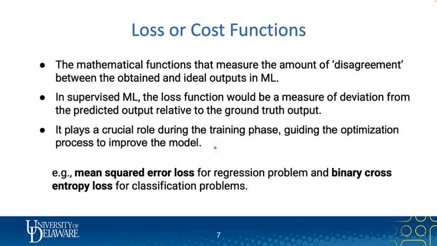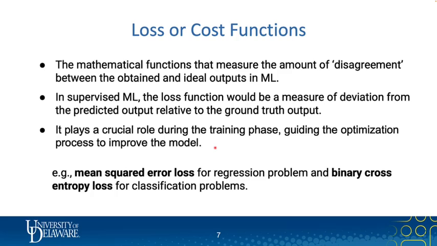Then we have the concept of loss or cost functions. These are mathematical functions that measure the amount of disagreement between the obtained and ideal outputs in machine learning. Loss in machine learning measures the discrepancy between the predicted value and the actual value for a single instance. It provides a way to quantify how well or poorly the model predictions align with the target.